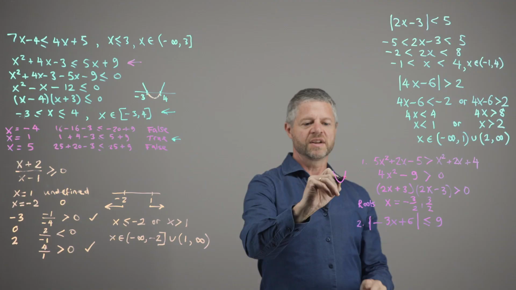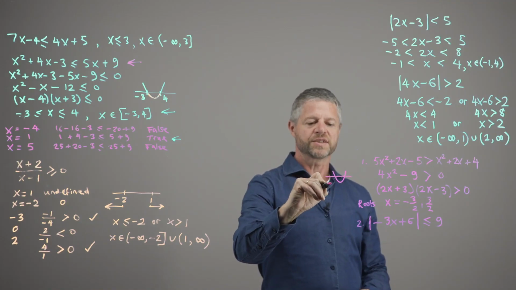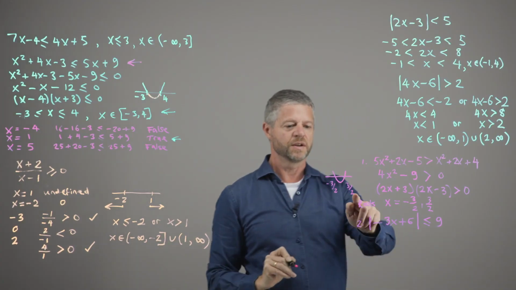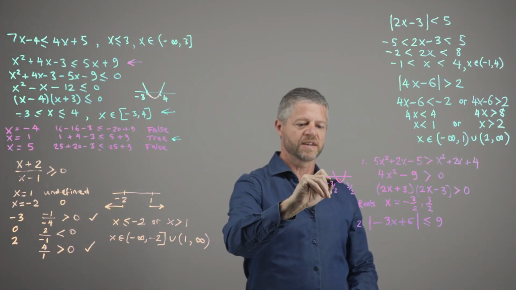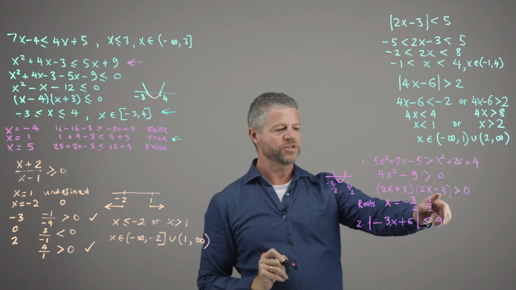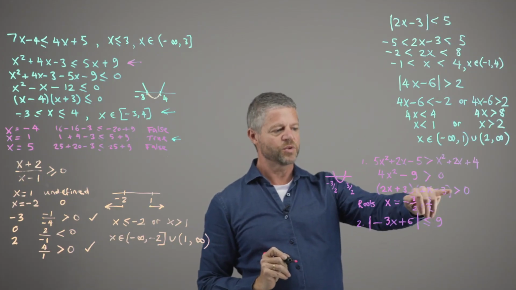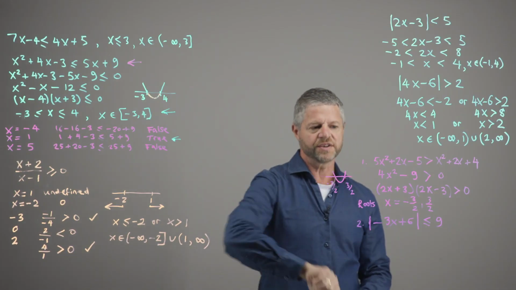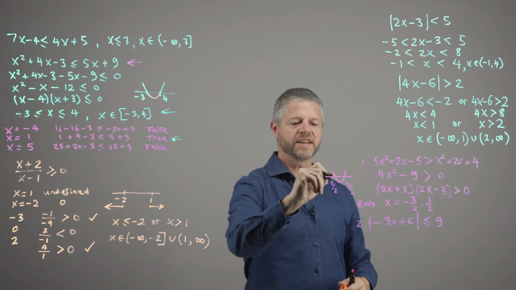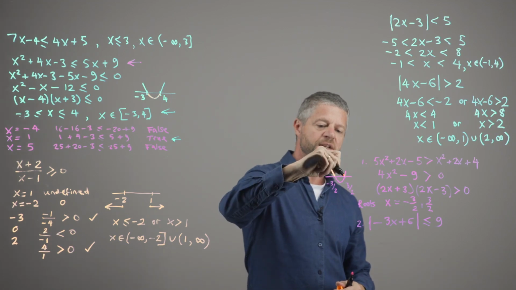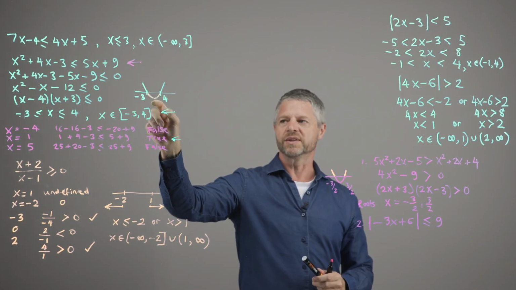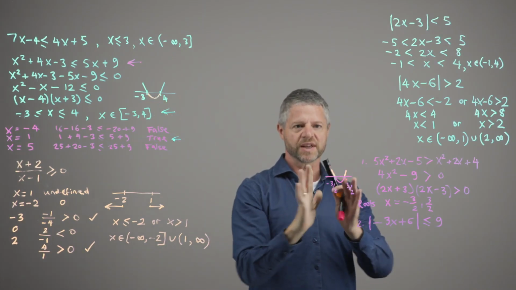The roots are at minus 3 over 2 and plus 3 over 2, so here and here. And we're trying to find where this quadratic is greater than 0. So the part of the function that we're interested in is actually this piece and this piece, which is different to what we did before, where we looked at in between. In this one, we're looking at outside.